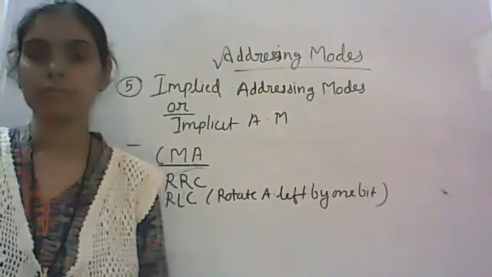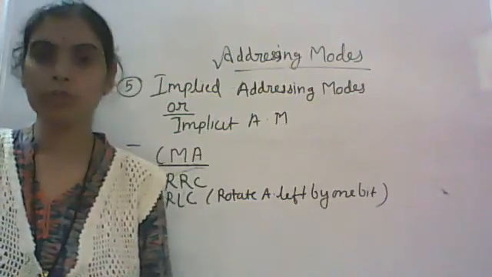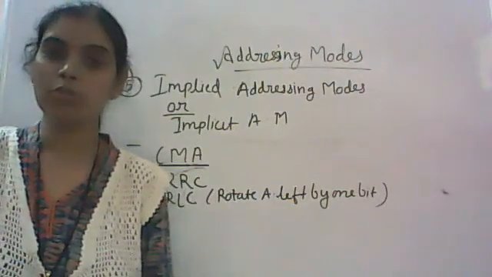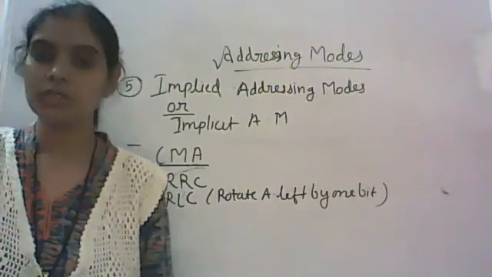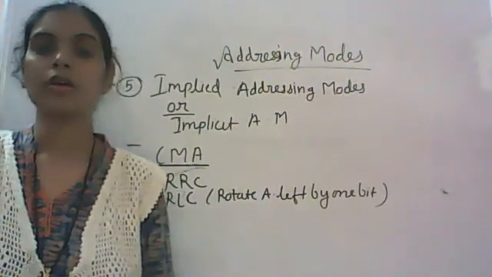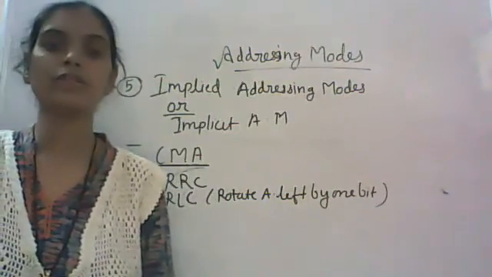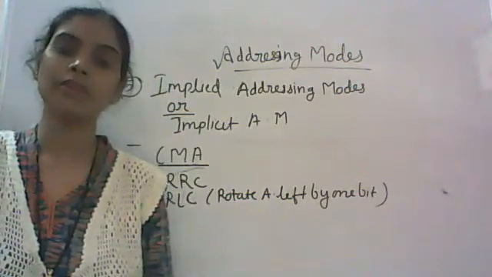Now in this lecture we see the 8085 microprocessor. There are 5 types of addressing modes. First is the immediate addressing mode, then register addressing mode, direct addressing mode, register indirect addressing mode, and implied or implicit addressing mode.